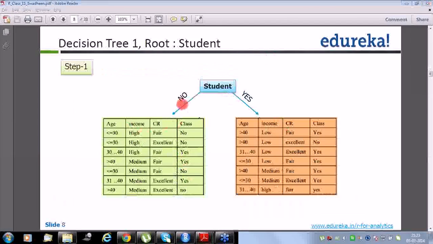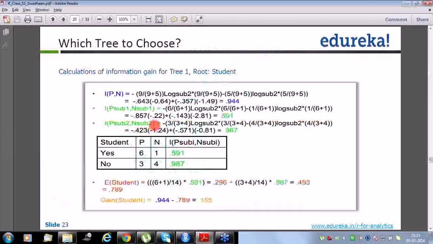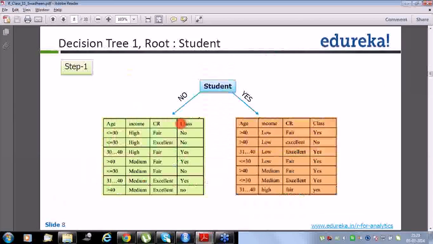If you look at I sub 1, how many records are there? 1, 2, 3, 4, 4 no and 3 yes. Here it's represented by I sub 2 and N sub 2. 3 upon 3 plus 4. Wait a minute, 1, 2, 3, 4, 5, 6, 7. Total 7, out of that 4 no and 3 yes.